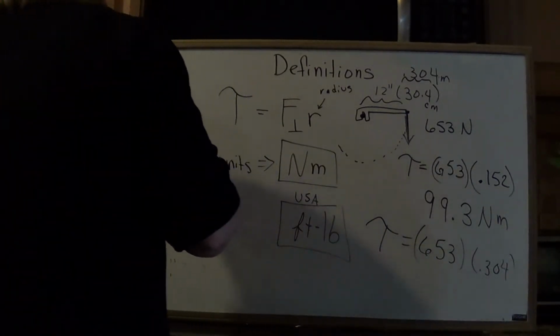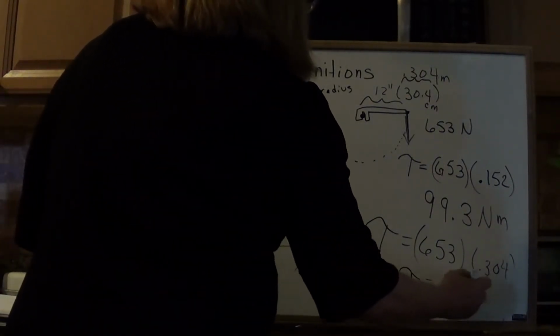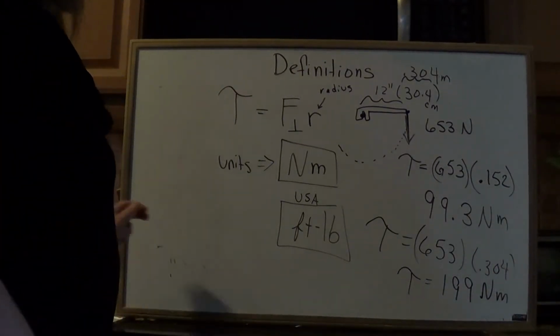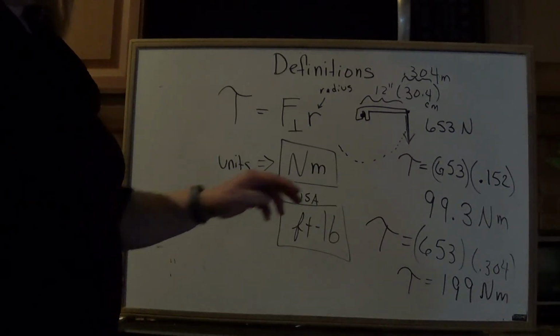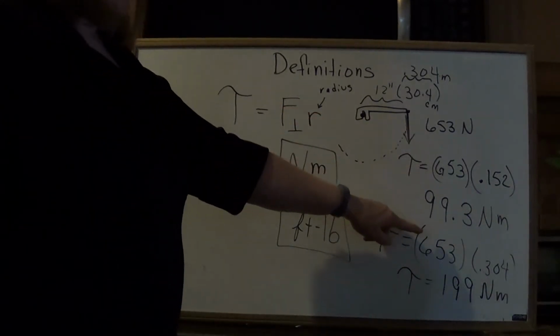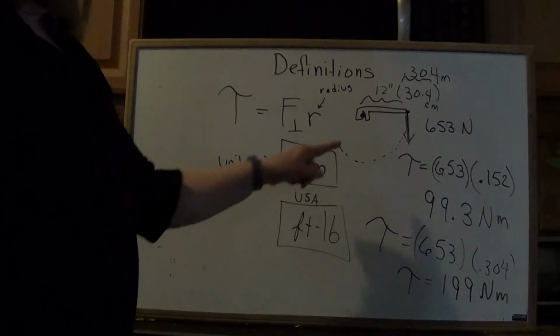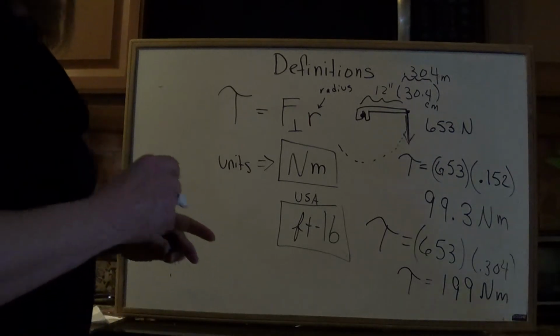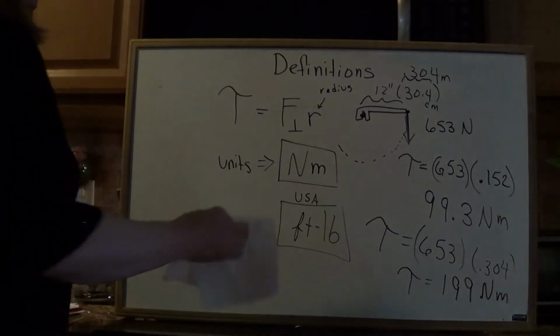And when someone tapped that in, they got 199 newton meters. Look at the difference. Now the bolt moves with ease. So without any more force, I was able to find more torque by increasing the length of the lever arm. In other words, getting a longer wrench.